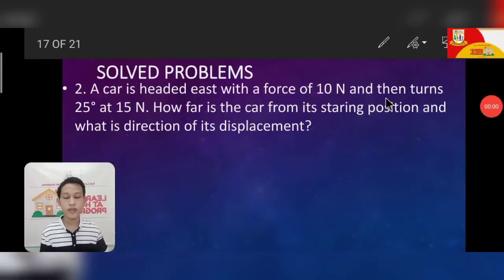Okay, let us have another example. We have here a car headed east with a force of 10 newtons and then turns 25 degrees with a force of 15 newtons. How far is the car from its starting point, and what is the direction of its displacement?